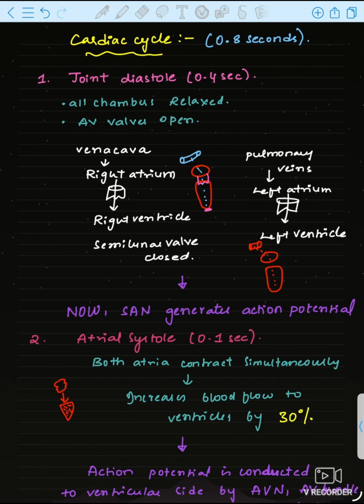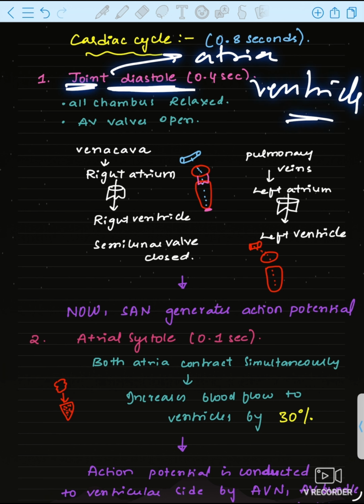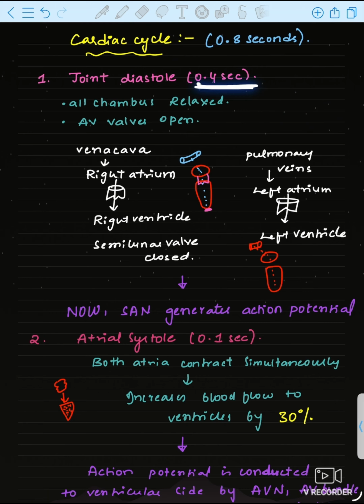Diastole means relaxation, and joint means both the atria and ventricles are relaxed. This takes 0.4 second.